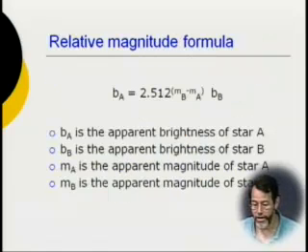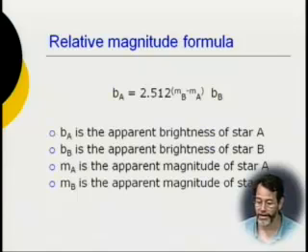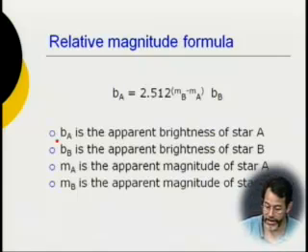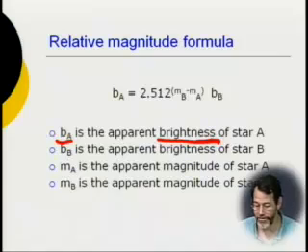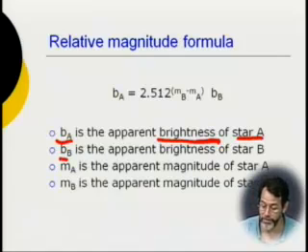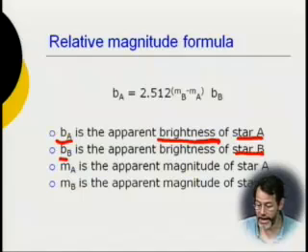All right, so unfortunately we're into math a little bit. Here's a relative magnitude formula. Magnitudes are a bit important here. B sub A is a brightness, in typical units of, let's say, energy per second. Let's say B sub A is the apparent brightness of star A, and B sub B is the apparent brightness of star B. How do you relate those two given their magnitudes?